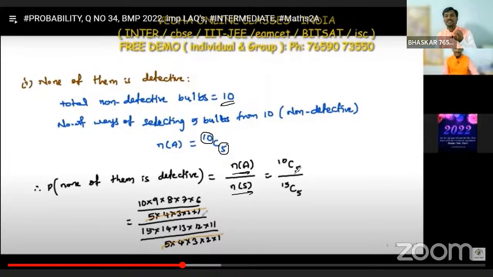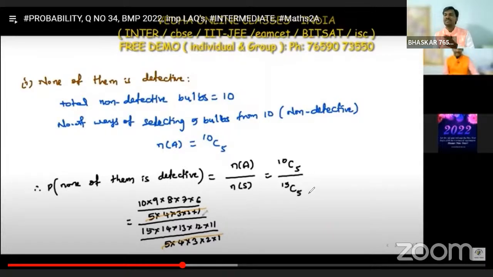That means 10C5 divided by N of S, that is 15C5 total. From 15 bulbs we are selecting 5, that is total possibilities. Whenever we have combinations like 10C5, multiply the factors in descending order: 10 into 9 into 8 into 7 into 6, divided by 5 factorial.